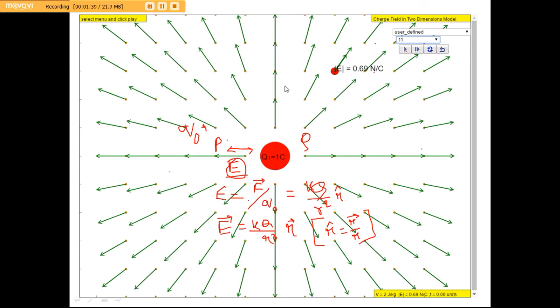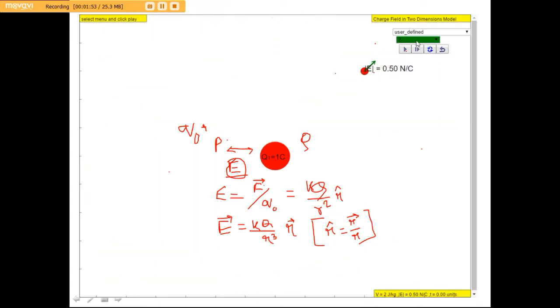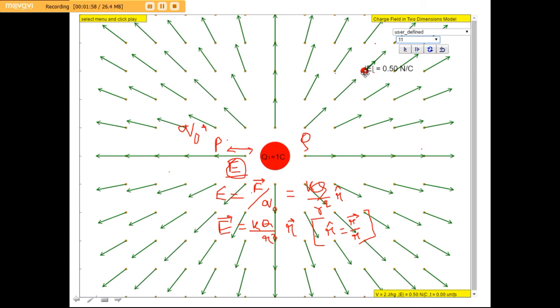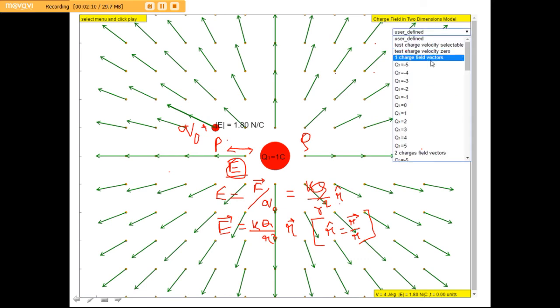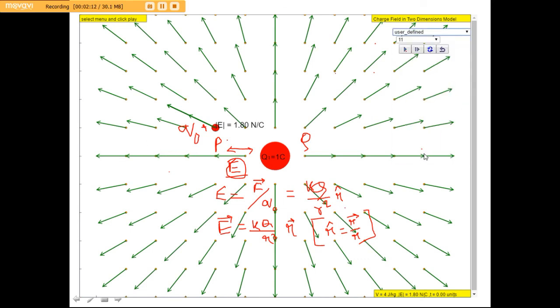The electric field is E equals F, the electrostatic force, divided by q0, the force acting on this test charge. This F stands for kq by r square along r vector, because the distance has both magnitude and direction.